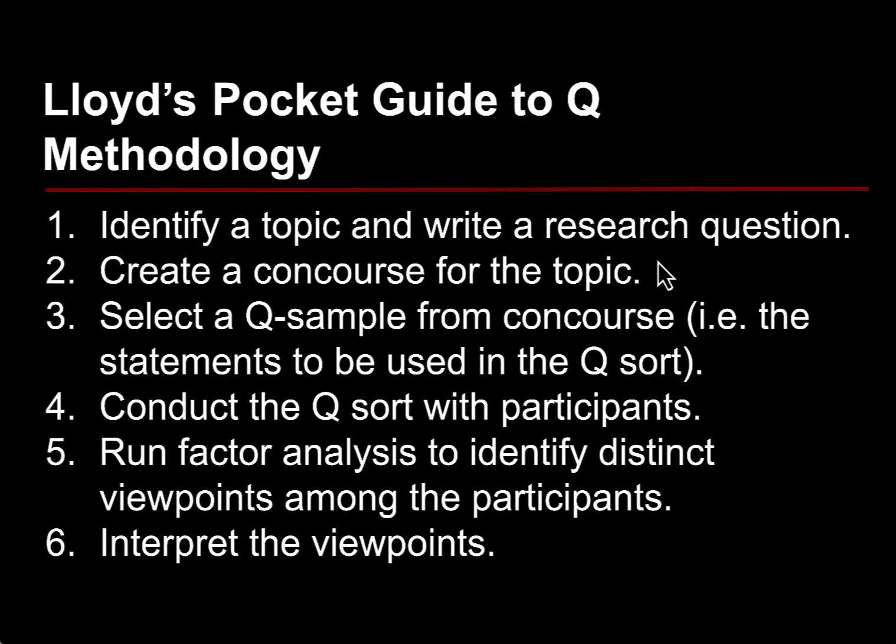Okay, let's just cut to the chase here. Here is my little pocket guide to Q methodology. First, you will need to identify a topic for your research and write a research question. Second, you have to create a concourse for the topic. A concourse is going to be defined much more precisely later on in the workshop.